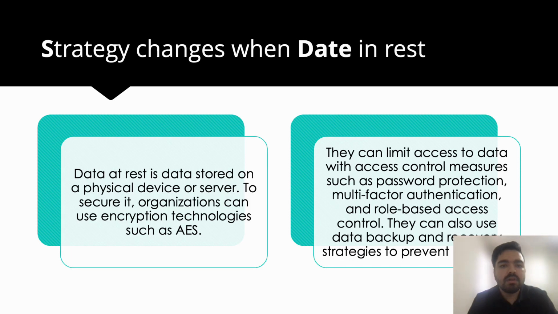The last topic of my presentation is on strategy changes when data is at rest, in use, and in transit. According to the report by TechTarget, organizations can implement additional measures to secure data at rest, such as the use of file and folder level permissions, hard drive encryption, and secure erase or destruction of the data which is no longer in use.